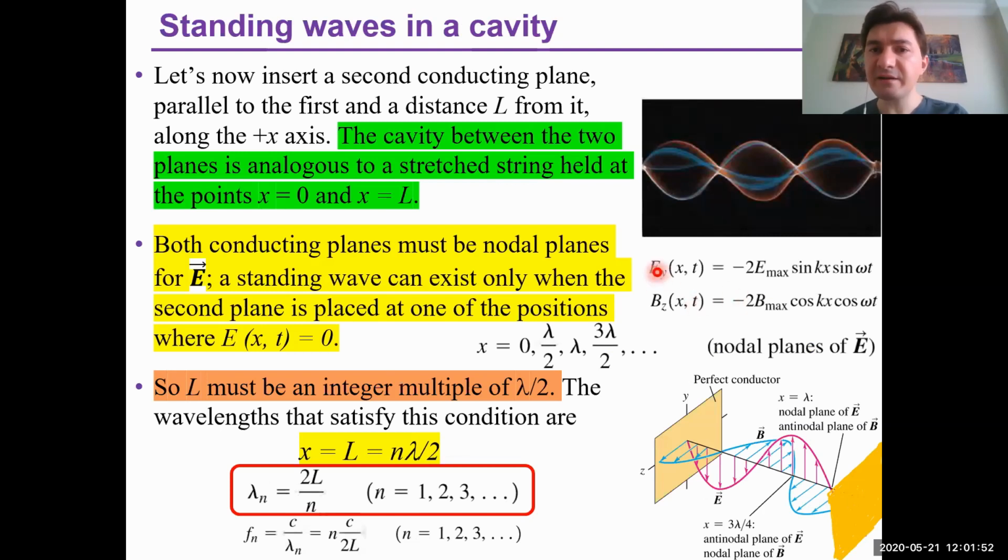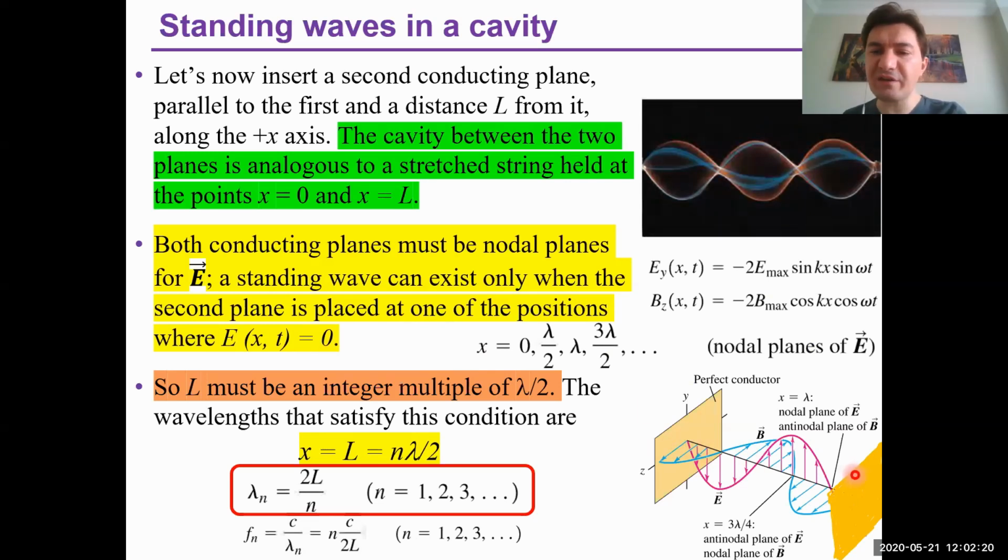So then the electric field component is given with that expression. The magnetic field component is given with that expression as a function of x and time. So we have nodal planes of the electric field. Here the electric field is zero, here zero. These are the nodal positions or planes for the electric field, okay?